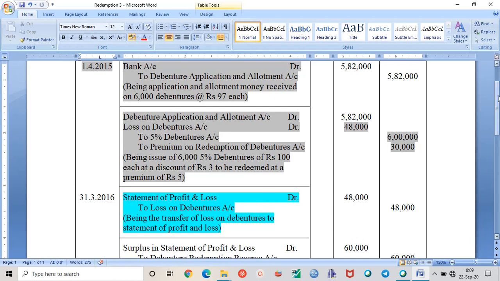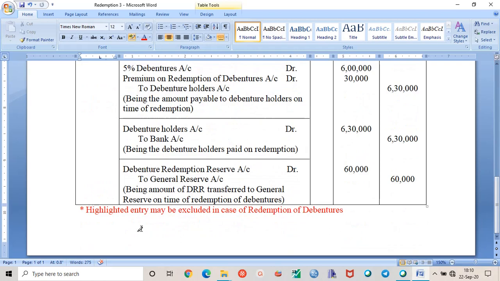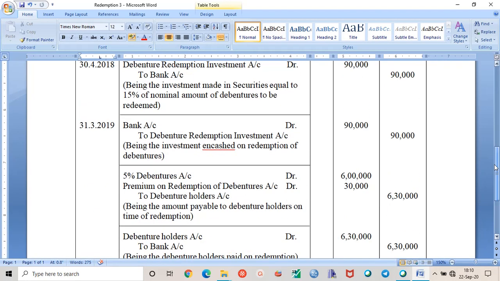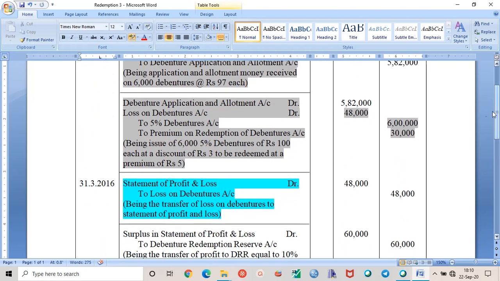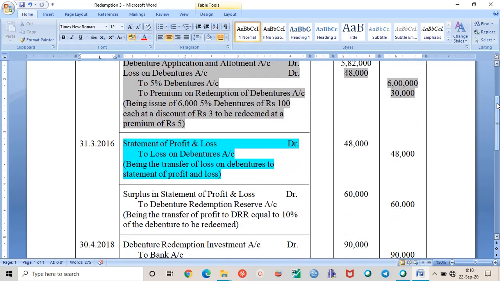As I have mentioned here, the highlighted entry may be excluded in case of redemption of debentures. Entries which are not related to redemption of debentures may be excluded, they can be ignored. But if you want to write, you are free to write it. Better to exclude these kinds of entries, because it will save time.